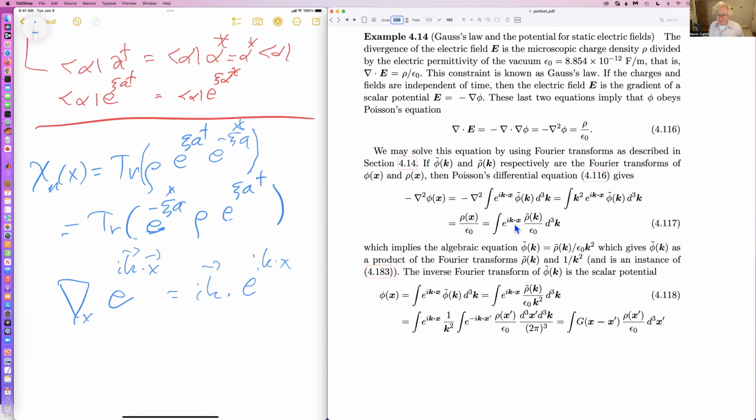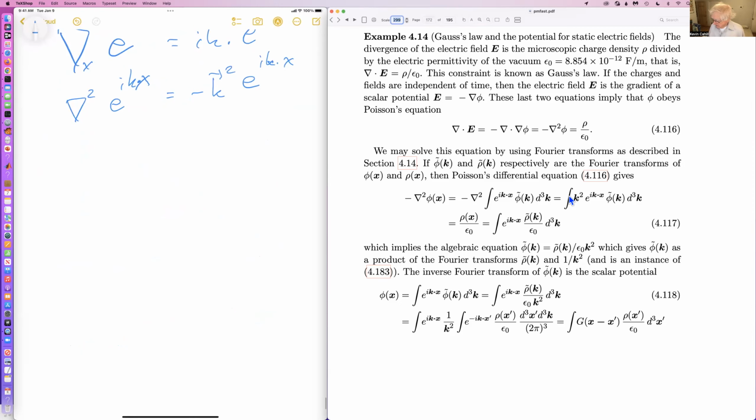And if you do it twice, you get a k squared. So the gradient squared of e to the i k dot x is equal to minus k squared e to the i k dot x.